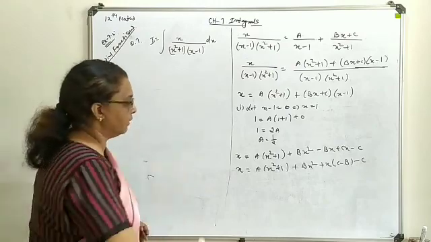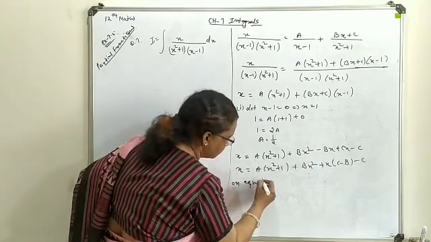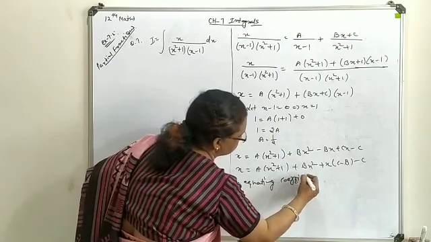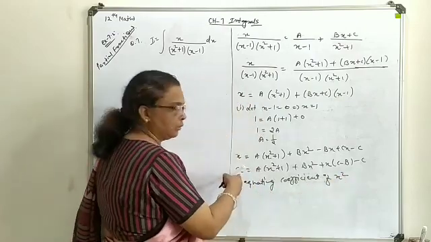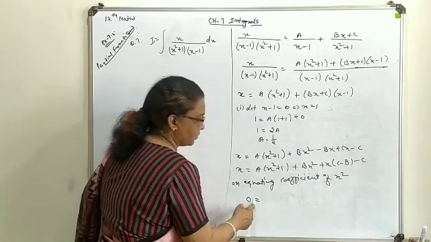So first of all we write, on equating coefficient of x square. Here you can see on the left hand side none of the terms contains x square, so its coefficient you will write as 0.